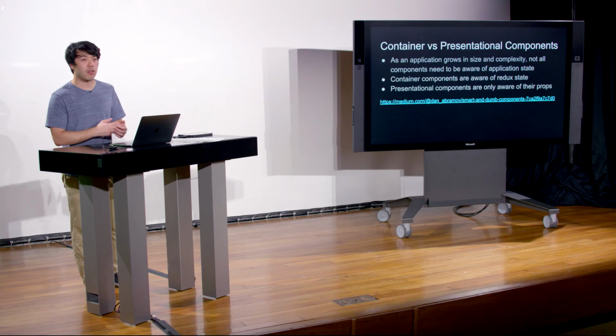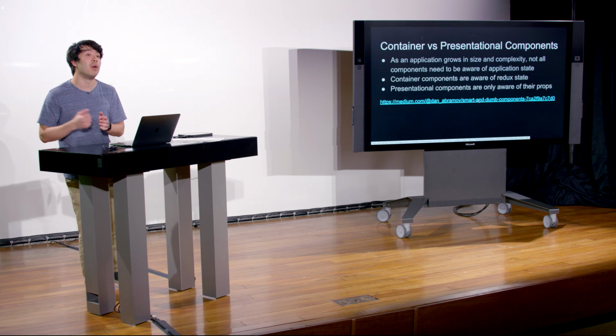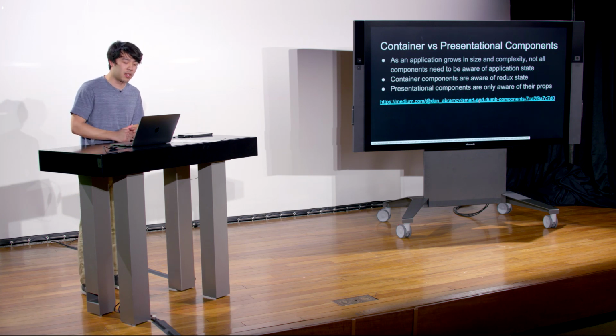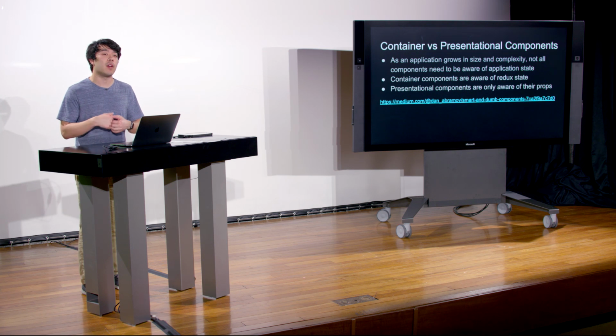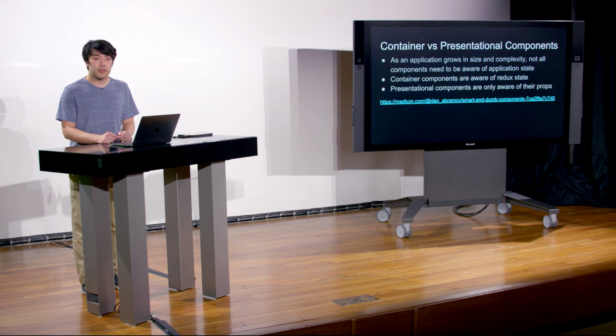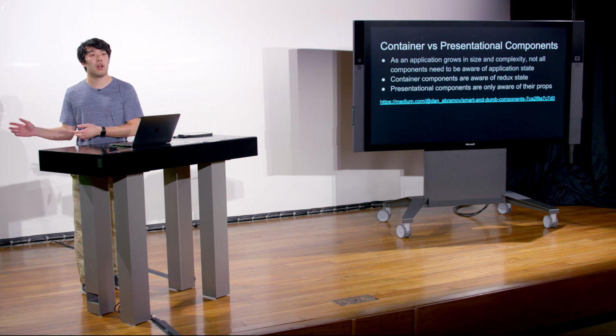There's a great article written by Dan Abramov, the same guy who wrote Redux Thunk, and also the same guy who actually created Redux. He has a great blog post on what the URL says are smart and dumb components, but what he actually ended up renaming to container and presentational. Generally, my heuristic is if I have a very, very simple component like a row in a list, that should not be aware of the application state.